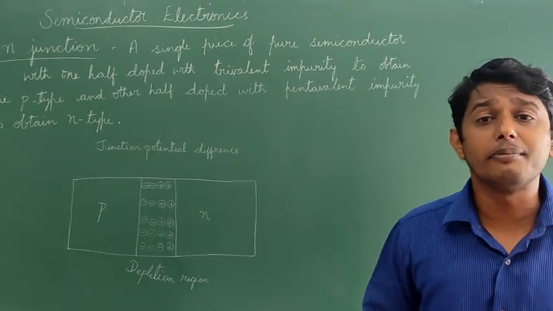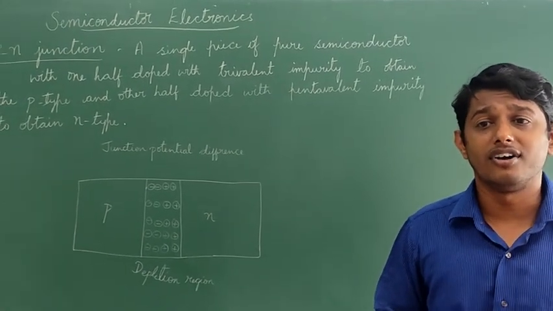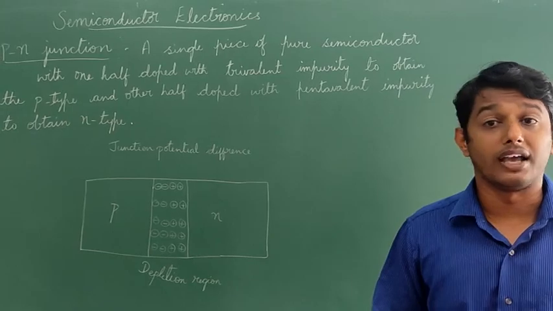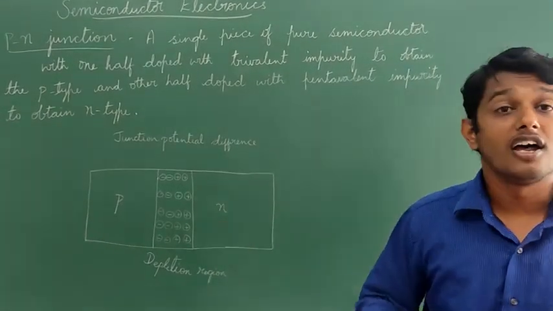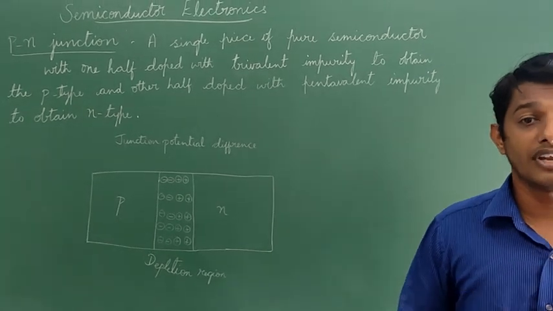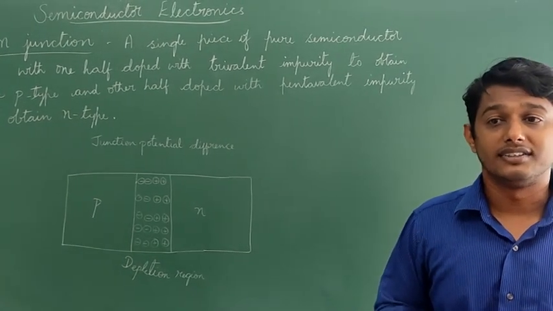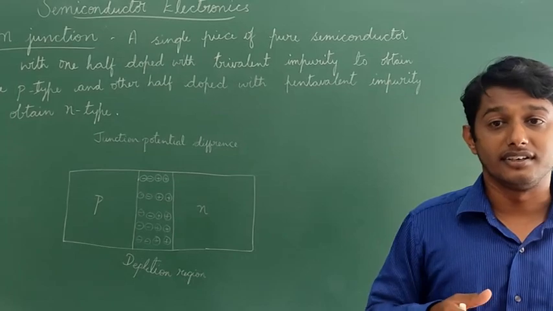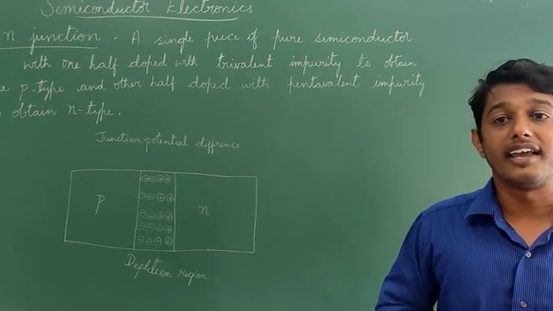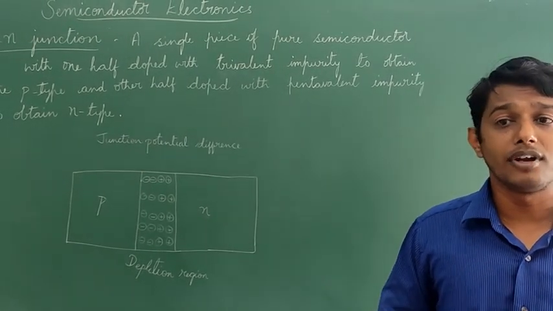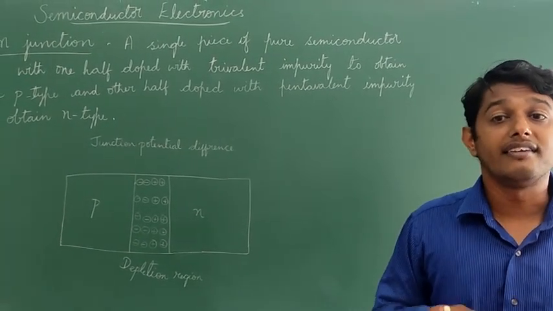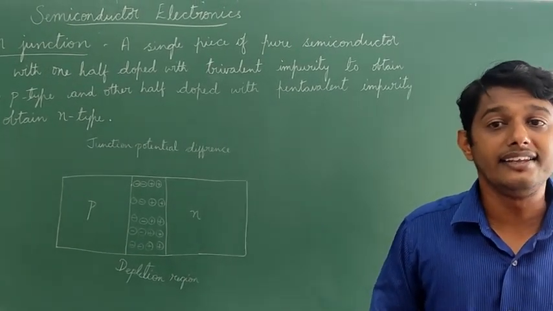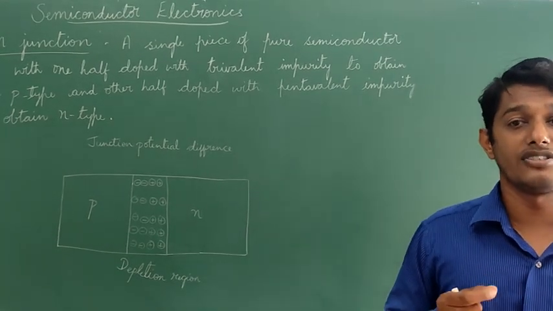The thickness depends on the concentration of doping. The thickness of the depletion region decreases with an increase in impurity concentration.